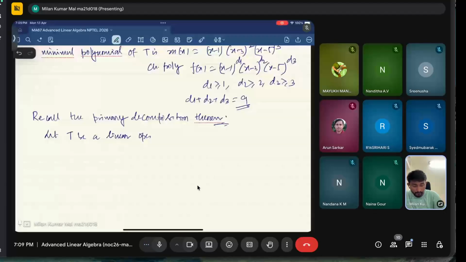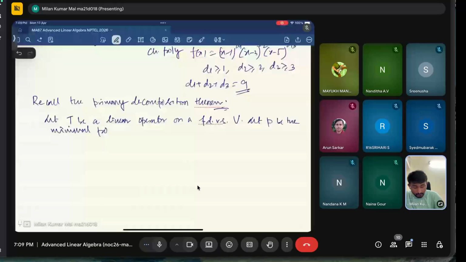of T, and P is actually given by P1 to the power R1 all the way to Pk to the power Rk, where the Pi's are distinct irreducible monic polynomials.